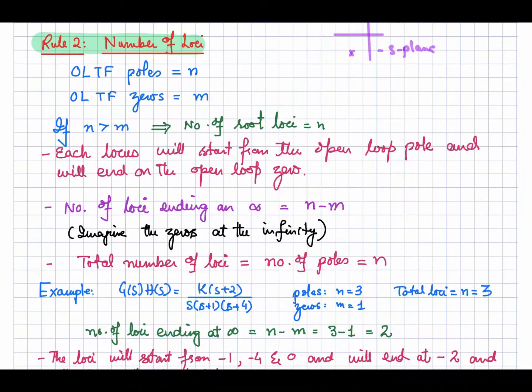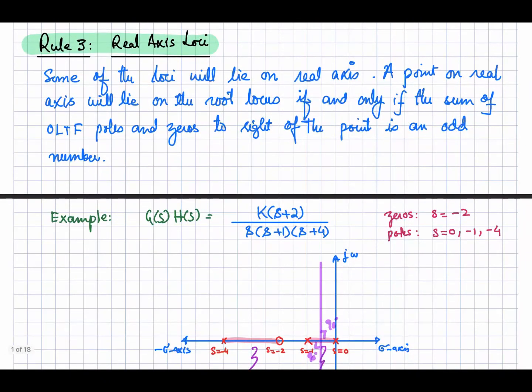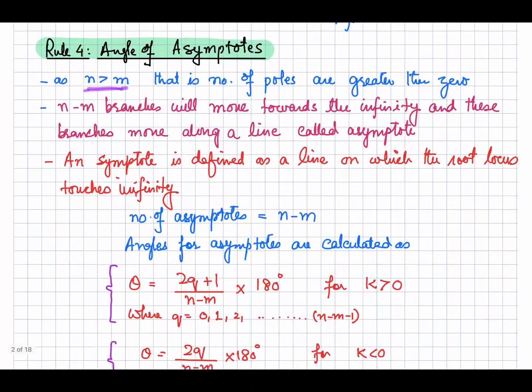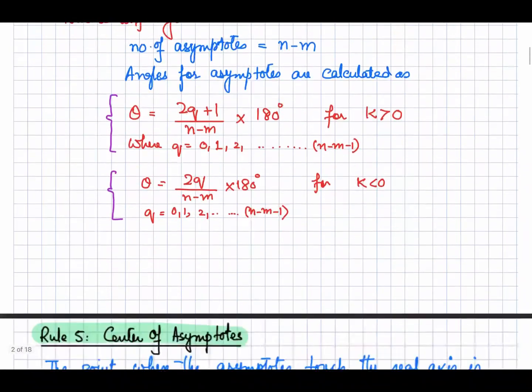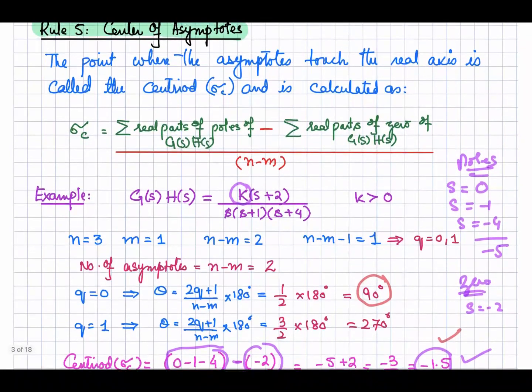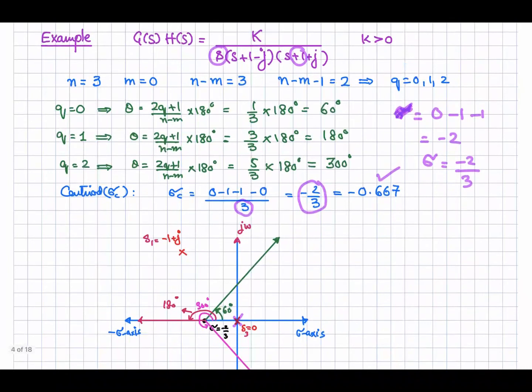In the third rule we saw how we can check which part of the real axis is part of the root locus. The fourth rule is related to the angle of asymptotes. The fifth rule is related to the centroid of the asymptotes, and then we saw examples to sketch the basic root locus. That's all from this video. In the next video we will discuss some more rules to sketch the root locus.